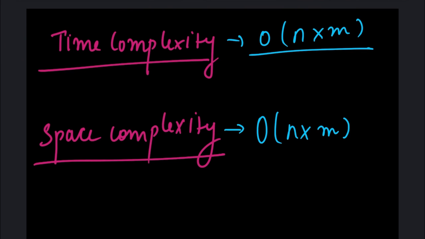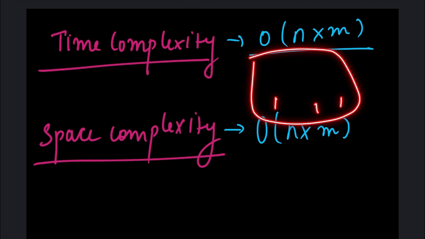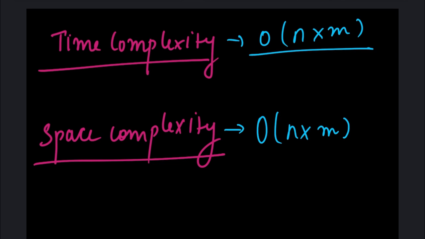Now let's look at the time complexity for this. The time complexity would be big O of n cross m, because we visited every cell only once, right? So the worst case time complexity would be big O of n cross m. What if all these cells were one, not an empty cell? Then we would have visited every cell once, right?